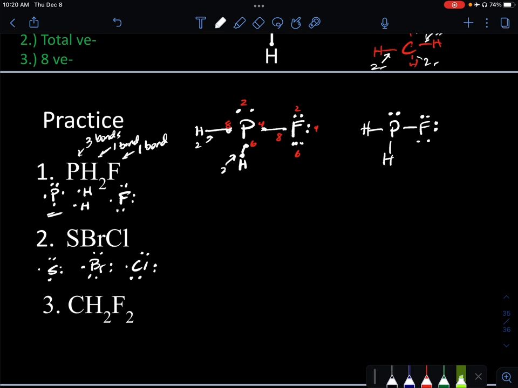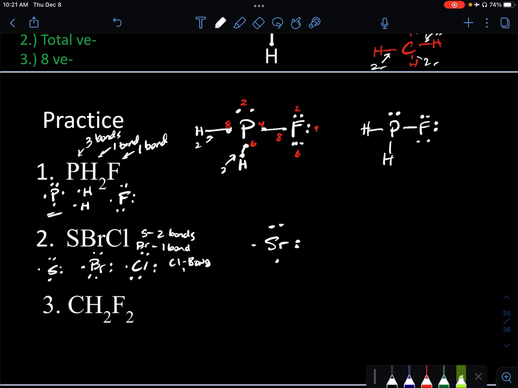So it looks like S has 2 bonds, Br 1 bond, and Cl 1 bond. That means S goes in the middle. Top, right, bottom, left.